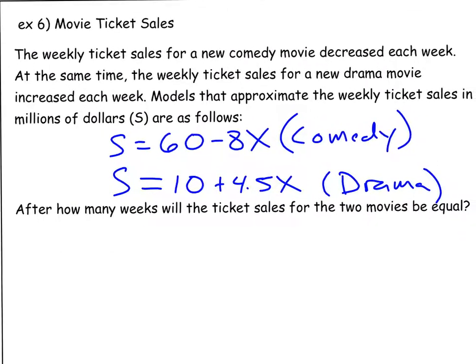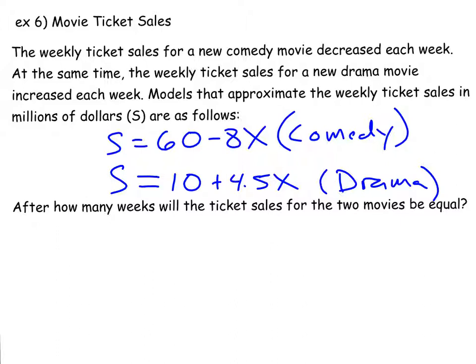This is really another break-even analysis, but it's not in terms of producing something, it's in terms of time. Okay? We have data on 2 different movies that are currently playing at a theater. And you can see here, they're both linear. These linear equations give us ticket sales in millions. Okay, so it's probably at multiple theaters.